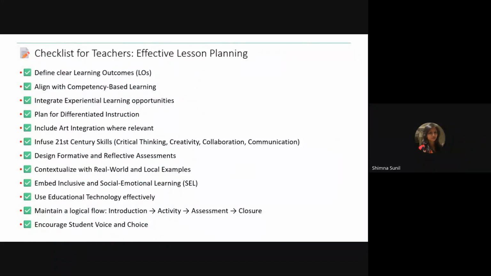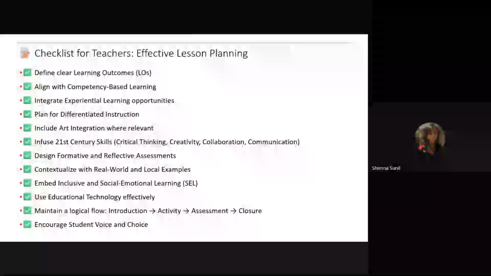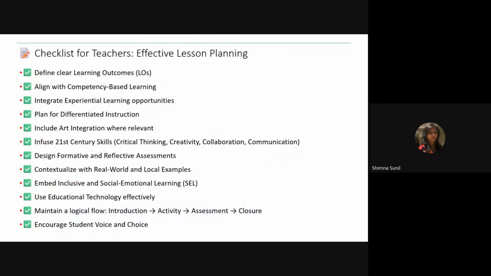Okay. Again, I think this is a similar kind of answer. Can you make it 3? Only 3 topmost. 3, 6, 10. So 3 is experiential learning, 6 is art integration, and 10 is educational technology, or do you mean to say introduction, activity, assessment, and closure?